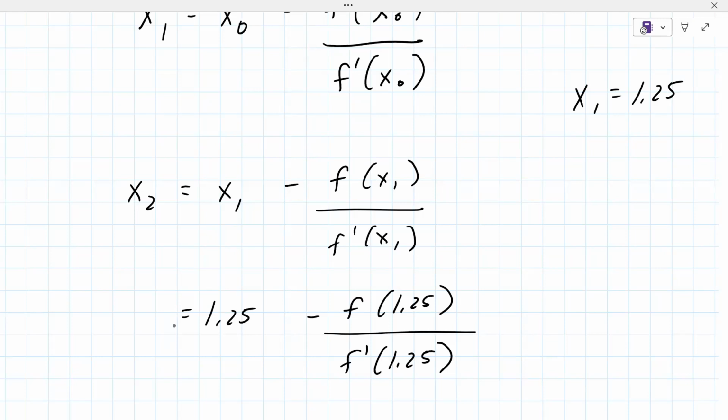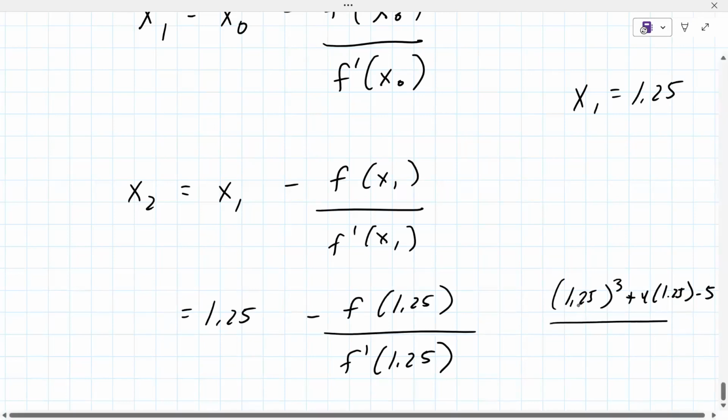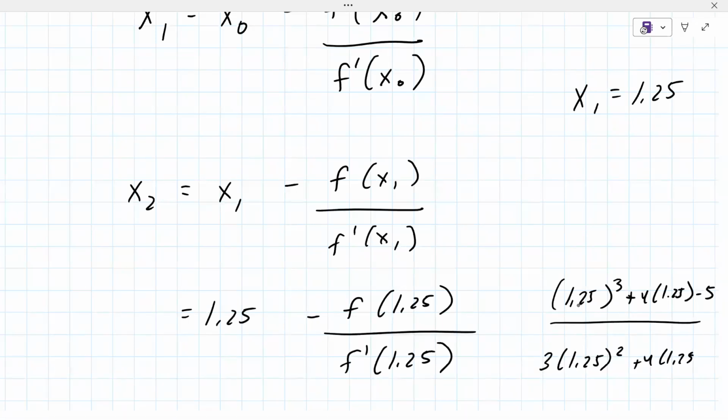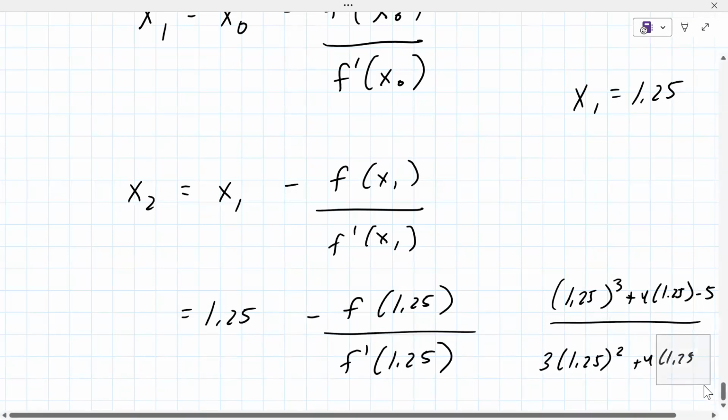Then just plug it in. Wait, do I take the derivative again? No, you go back to the original. So this is 1.25 cubed plus 4 times 1.25 minus 5, and then 3 times 1.25 squared plus 4.